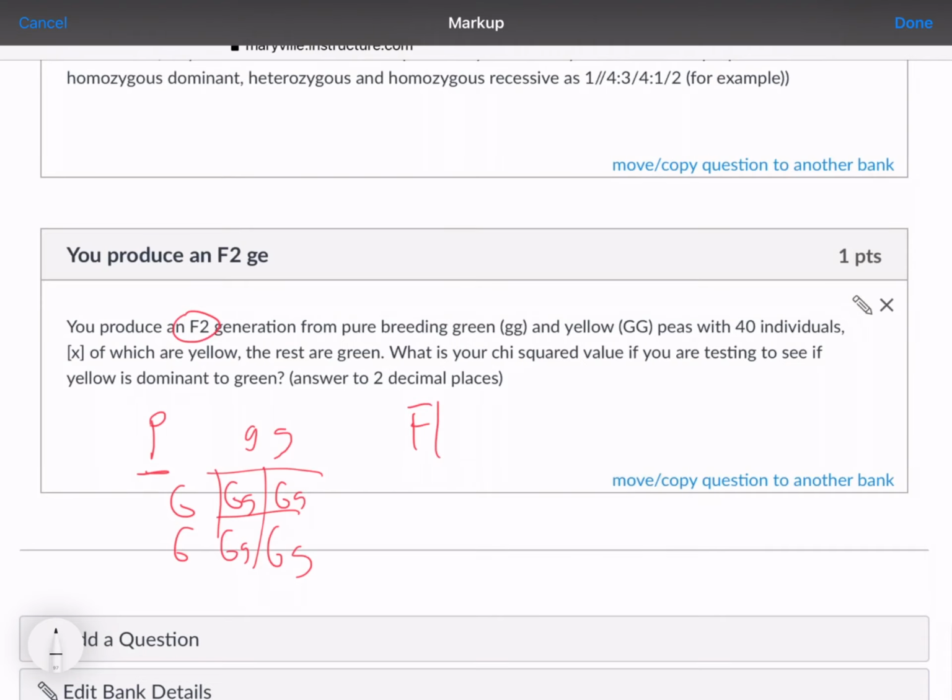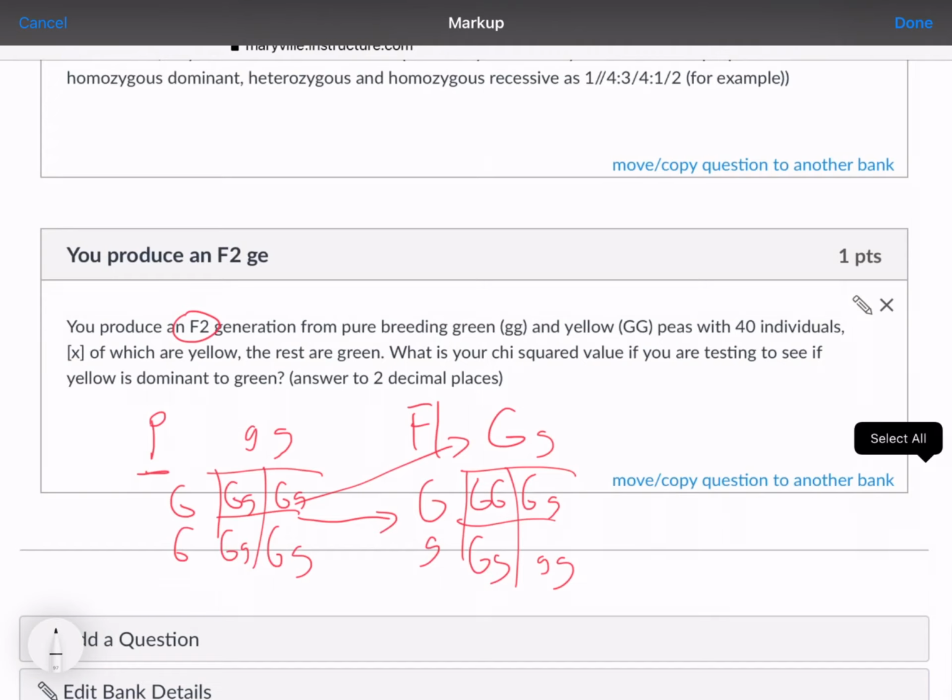So our parental cross is homozygous recessive with homozygous dominant. That gives us all heterozygous individuals in the F1. If we cross those individuals in the F1, then we can get our F2, where we have our standard 3:1 ratio. That means that in our F2, we should see 3/4 of the offspring yellow and 1/4 green.